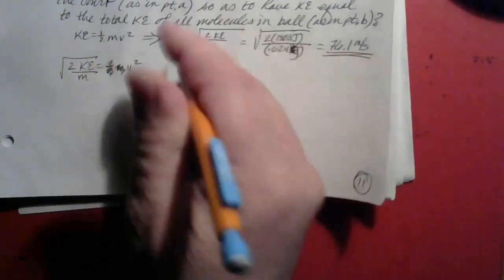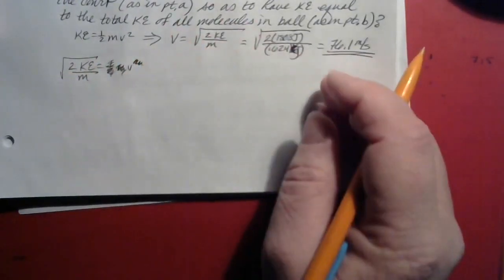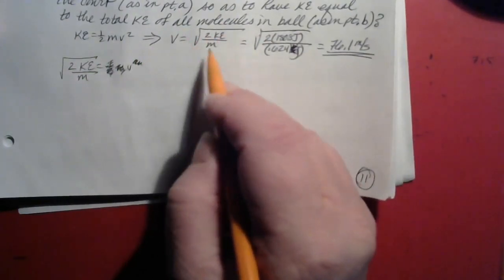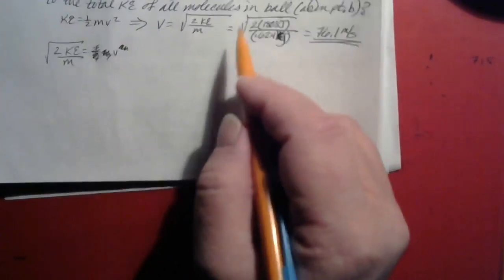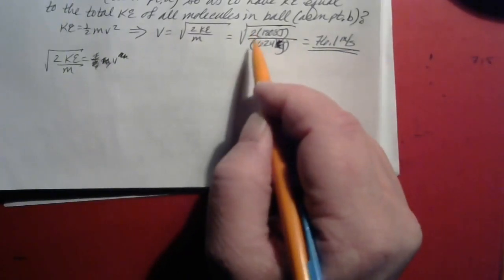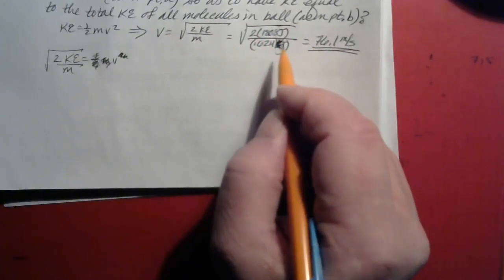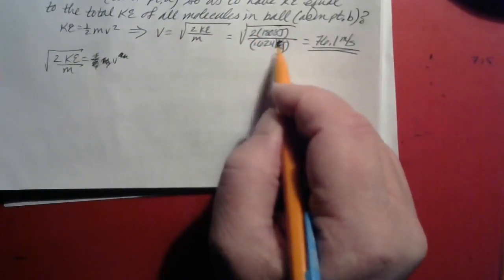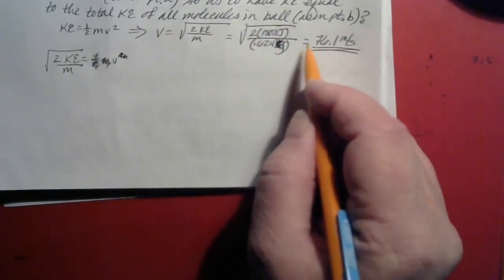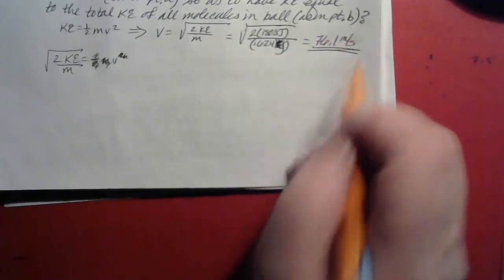That gives us v squared, so if we take the square root, we get v. Sure enough, v is the square root of 2 times the kinetic energy over the mass. So velocity would be the square root of 2 times 1808 joules over 0.624 kilograms, and that equals 76.1 meters per second.